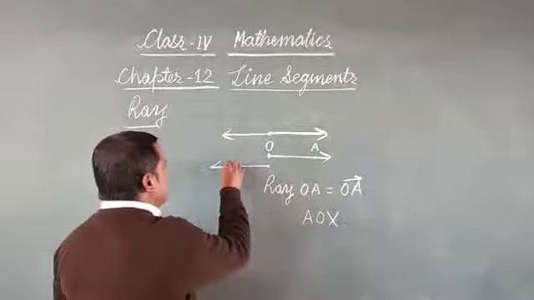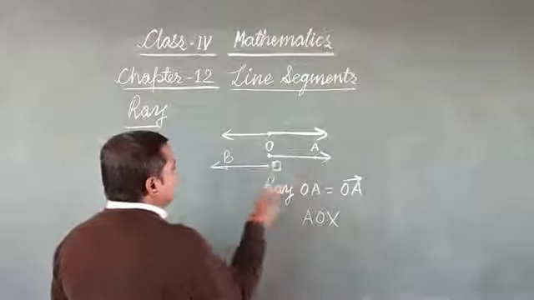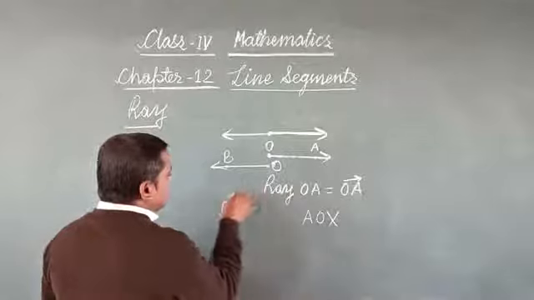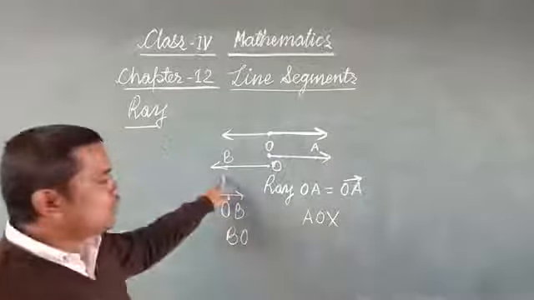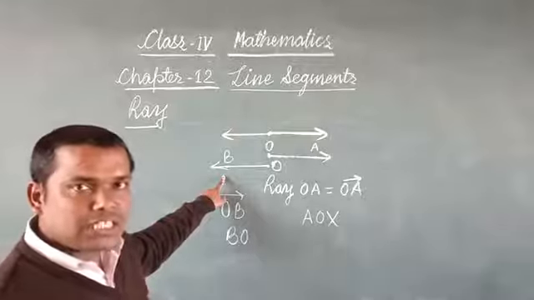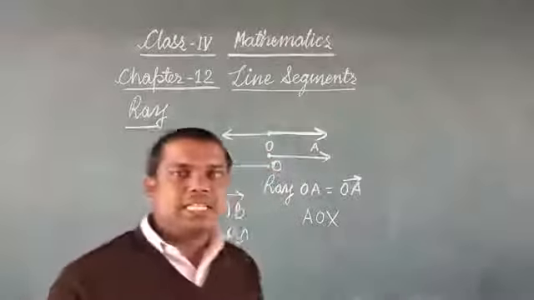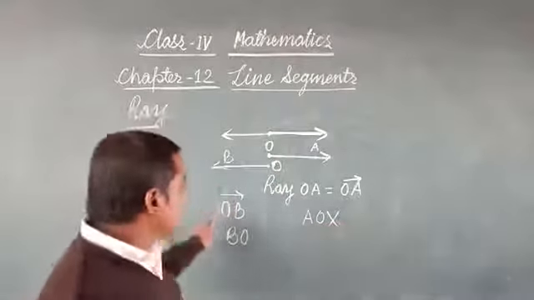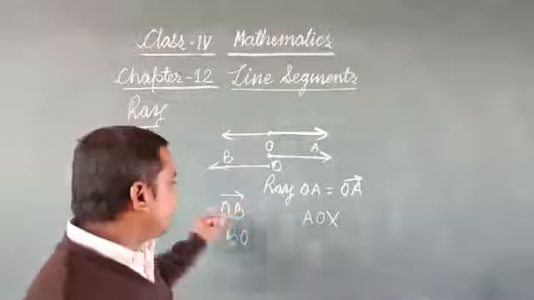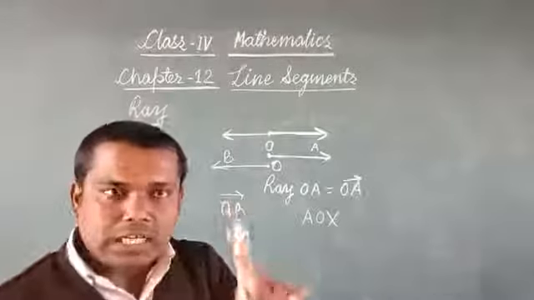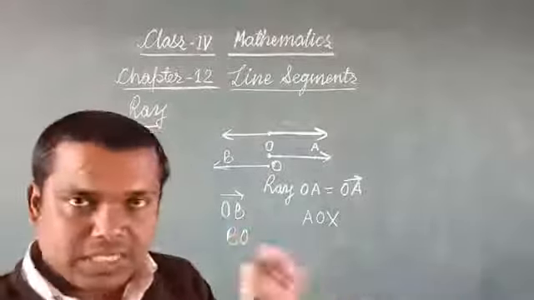Similarly, if I take one point here, B, then OB is a ray, not BO, because B is not the initial or starting point of the ray. So this is the representation of a ray. It has one end point, and the origin point we write first to represent the ray.